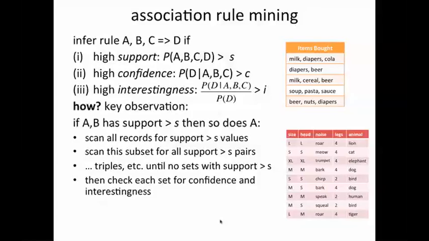Think about the complexity of rule mining. Once we have all possible pairs, singletons, triplets, etc. with high support, we can check each such set for confidence and interestingness.